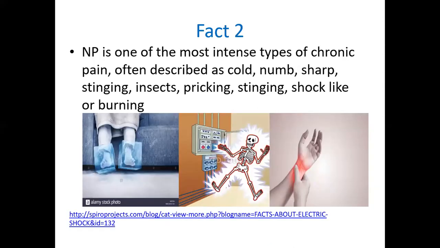Another fact about neuropathic pain is that it's the most intense type of chronic pain. So nociceptive pain might also be chronic, but it's not as intense as neuropathic, because neuropathic pain affects the nerves.